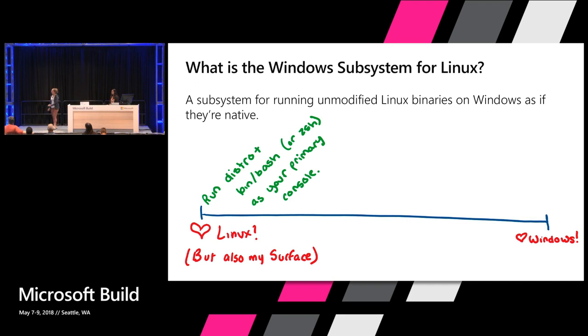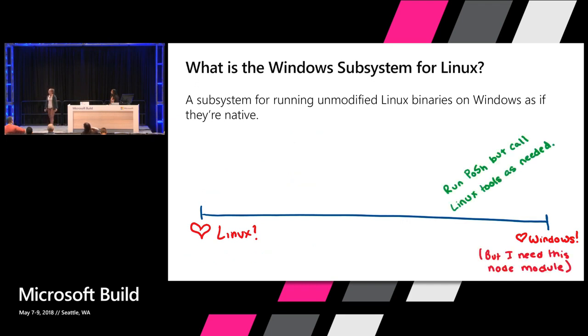Or whether you're primarily a Windows user, you've used PowerShell, and you enjoy running Windows tools, but every now and then you're like me and you read documentation, you really want to try something, and you want to be able to run apt-get install. WSL lets you do that. So you can, in a bite-sized way, use as much or as little Linux on your Windows machine as you'd like.